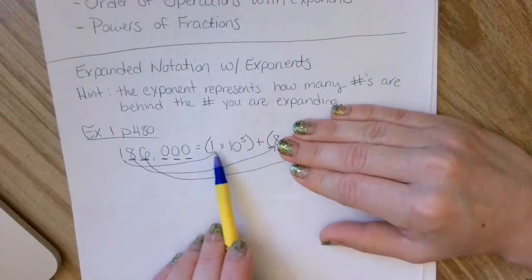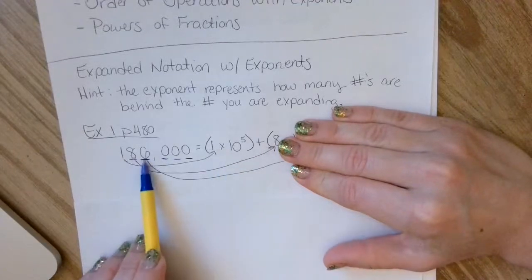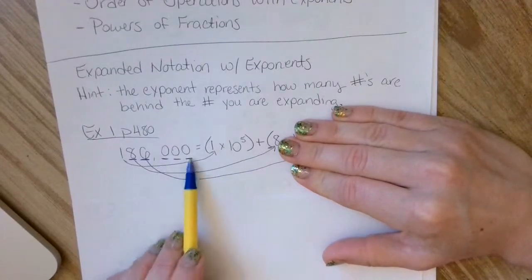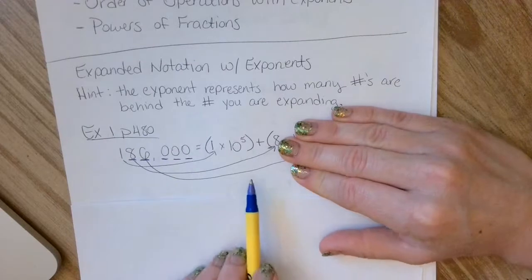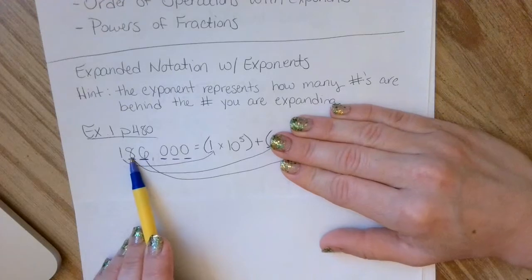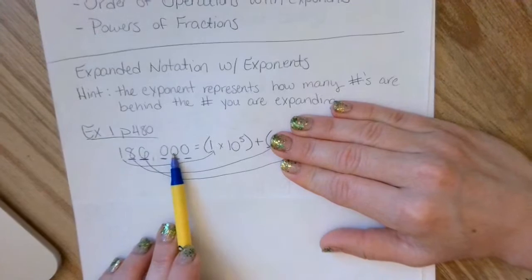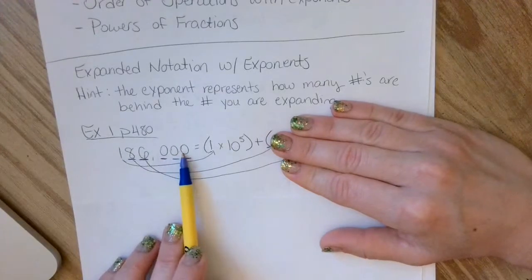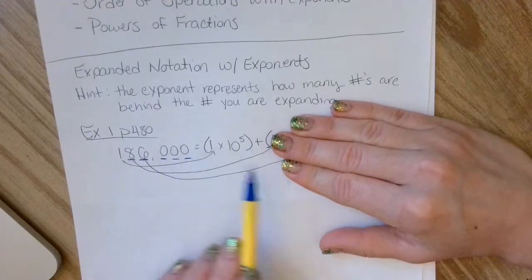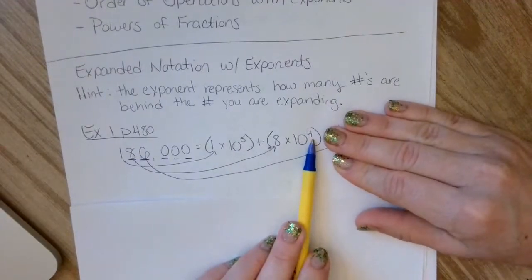And you're always going to multiply it by 10 because each place value jumps 10 spots essentially. The next number is 8. So I'm going to use that 8 and I'm going to count how many places are behind the 8. So 1, 2, 3, 4. So that means that 8 is going to be multiplied by 10 to the 4th power.